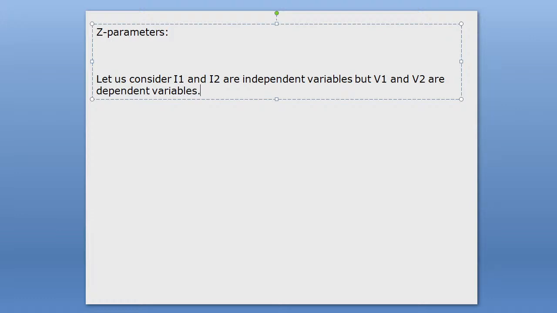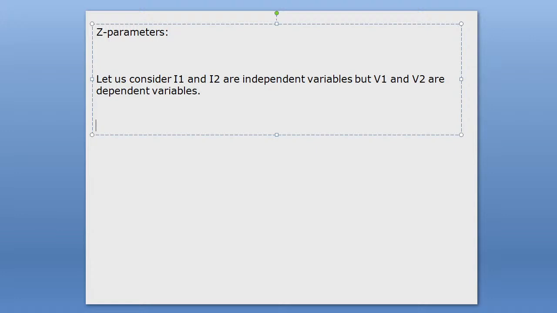You first consider it, then you write the equation, the dependency between V1 and I1. We can write the equation in matrix form.